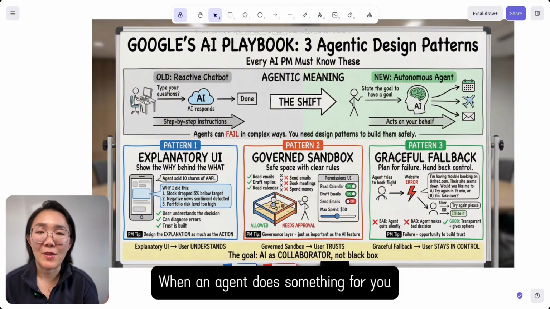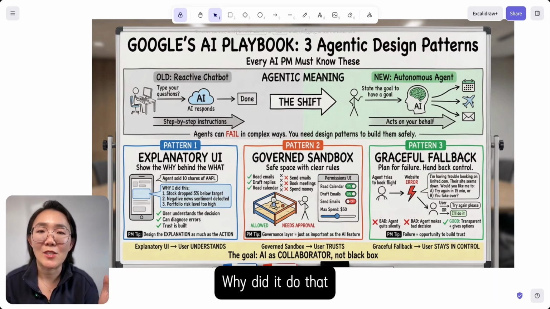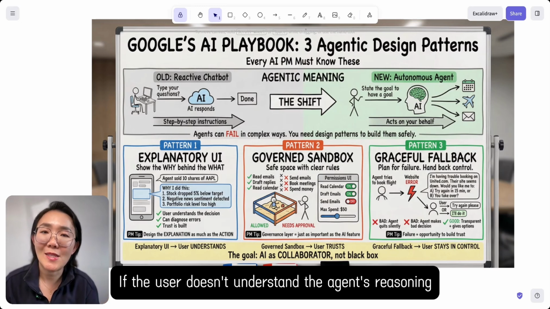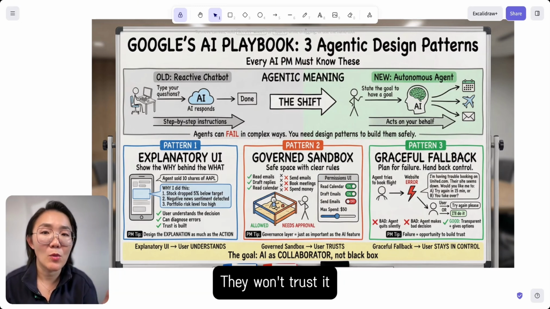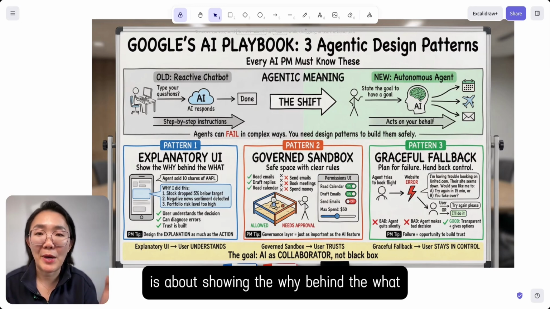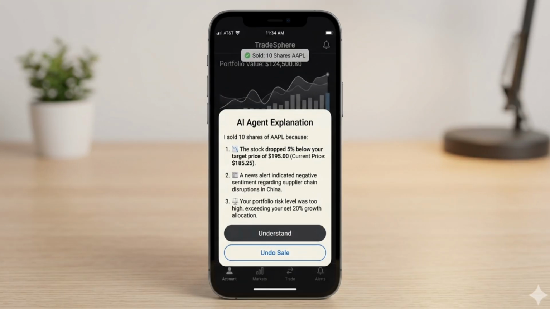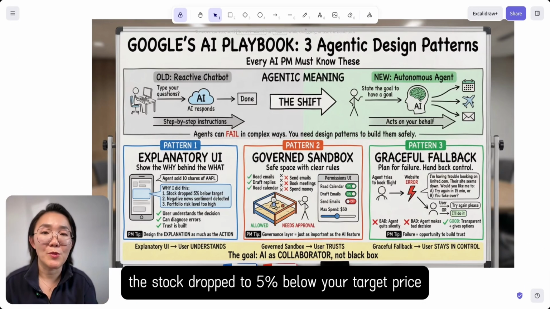When an agent does something for you, the single most important question is, why did it do that? If the user doesn't understand the agent's reasoning, they won't trust it. The exploratory UI pattern is about showing the why behind the what. For example, an agent has just sold a stock. An exploratory UI element can pop up and show, I sold 10 shares of Apple because the stock dropped 5% below your target price.